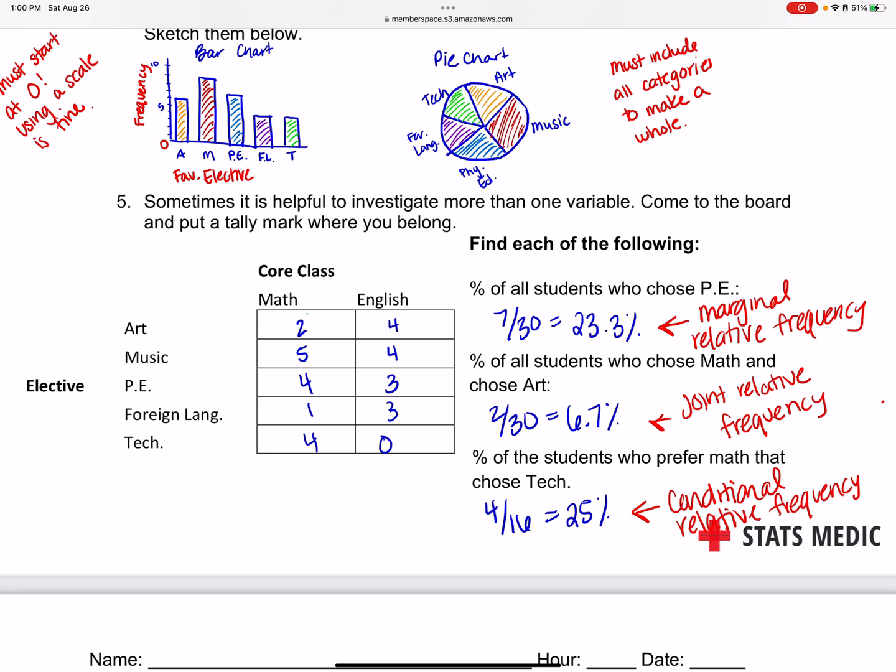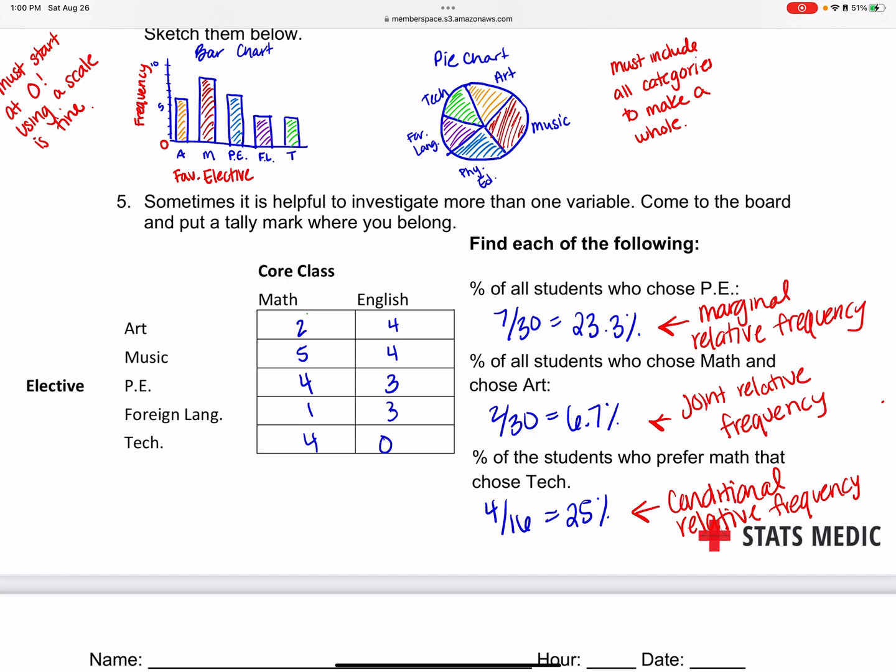First of all, the first one is called the percentage of all students who chose PE. And this is my marginal relative frequency. Marginal relative frequency is the relative frequency, or the percentage over the whole, that's why it's over 30, of the numbers in the margin.